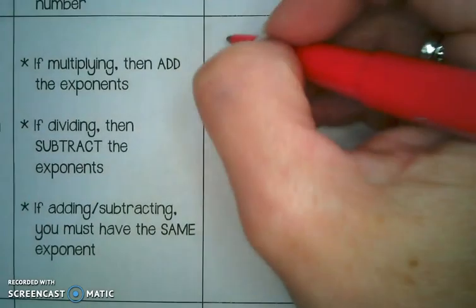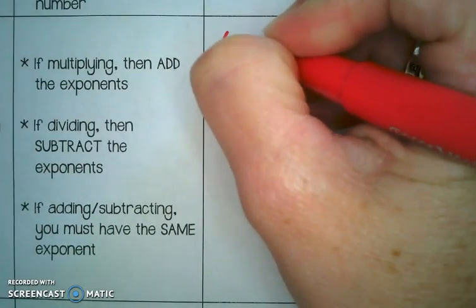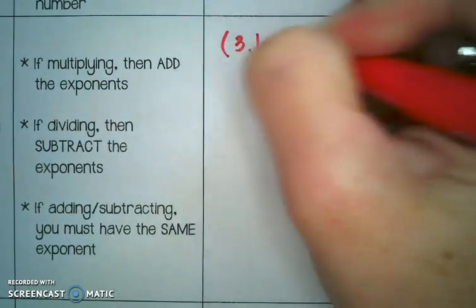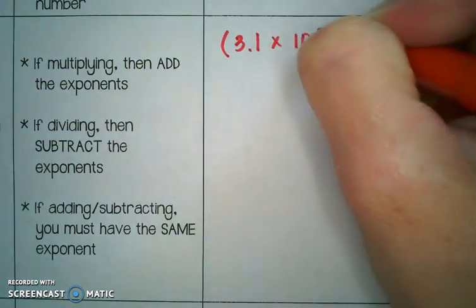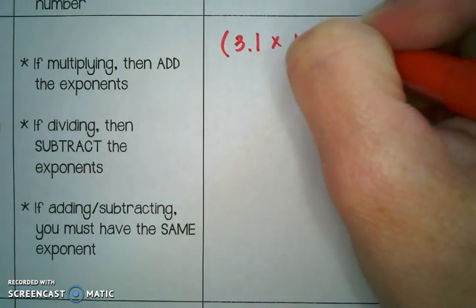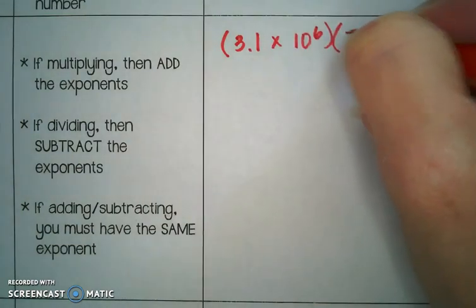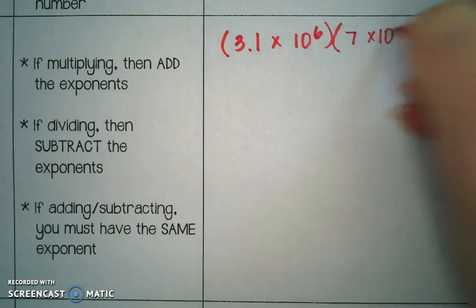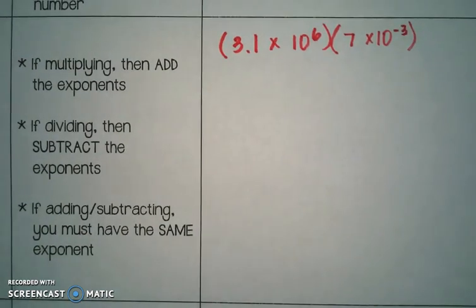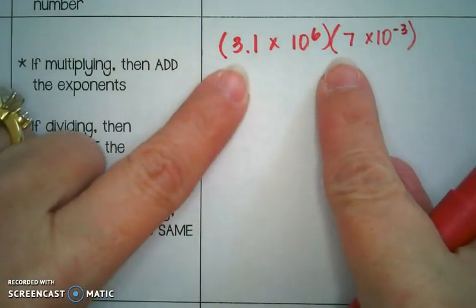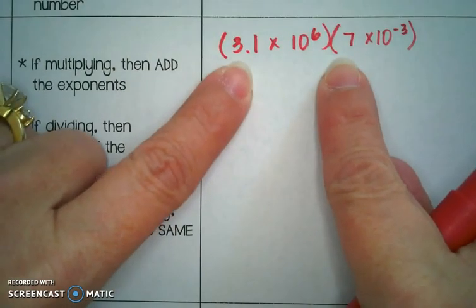So let's say we were going to multiply 3.1 times 10 to the 6th, and let's multiply that with 7 times 10 to the negative 3rd. All right, so what we need to do here is multiply 3.1 times 7.